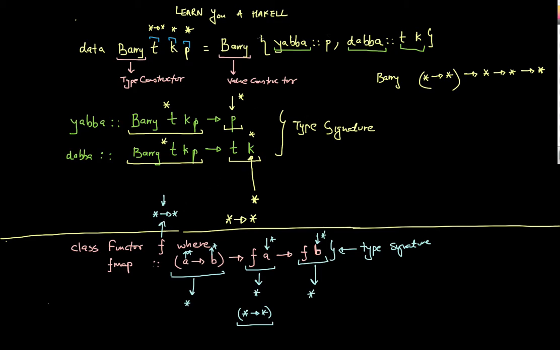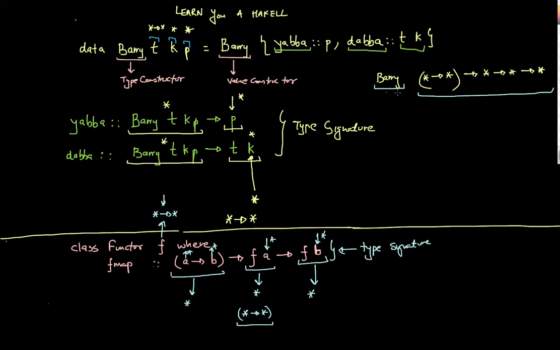Okay, in the previous video, I had created a type Barry, and we also deduced from the last video that Barry has a kind. It has the following kind signature. Given this kind signature, can I make Barry an instance of my Functor type class?